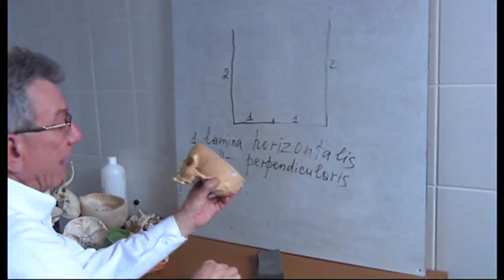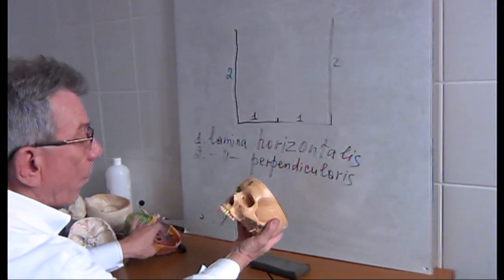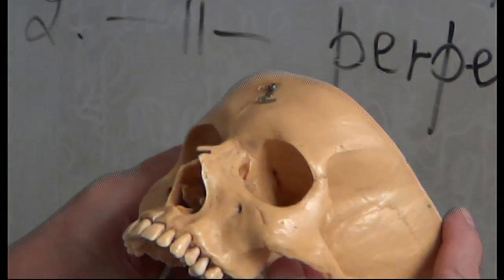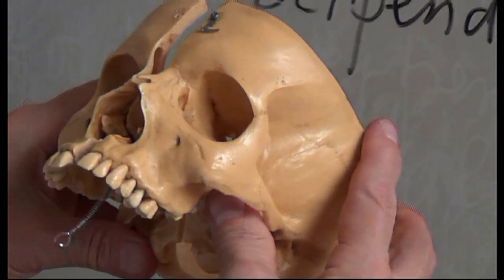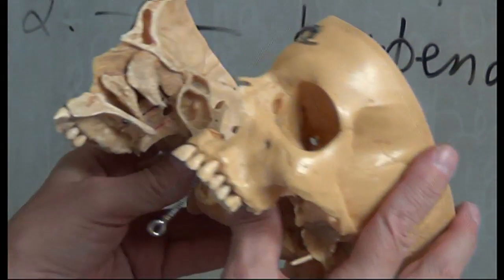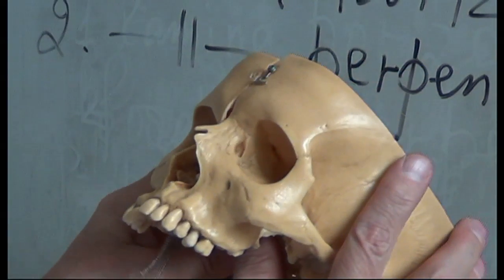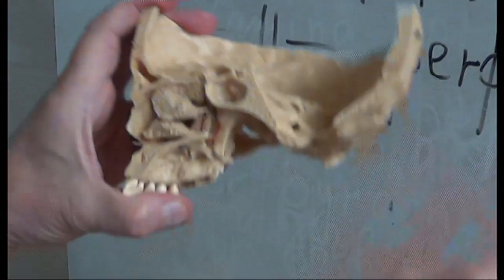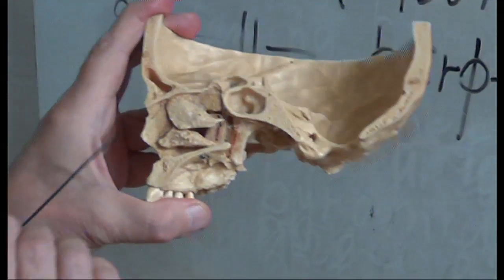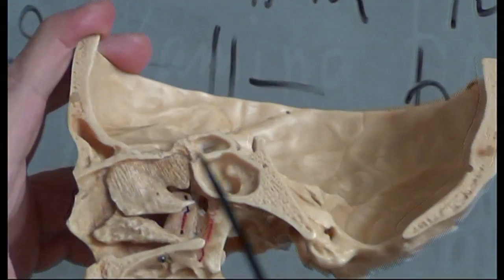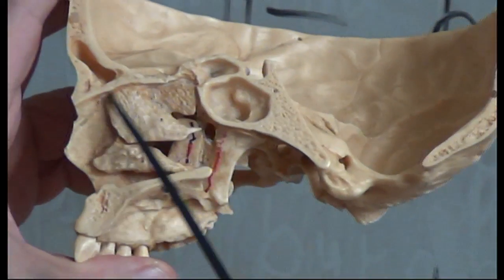We also have this model of the skull, which can be cut in the sagittal plane. So I opened it. And in the right part, we can find the lateral wall of the nasal cavity. Here it is, the lateral wall of the nasal cavity.